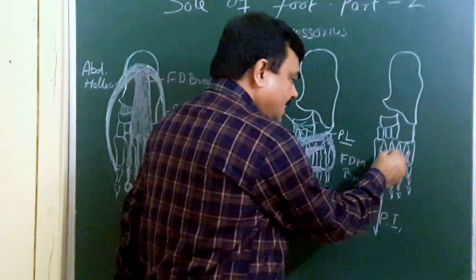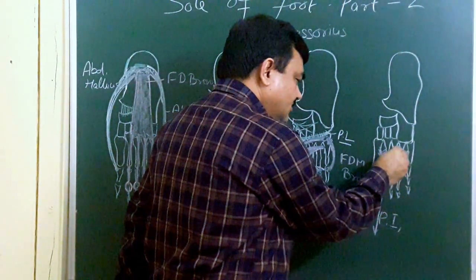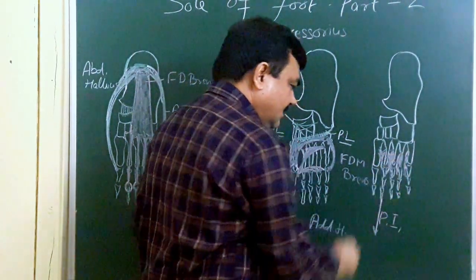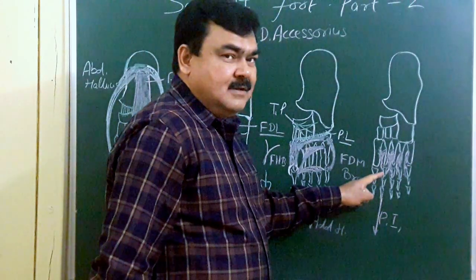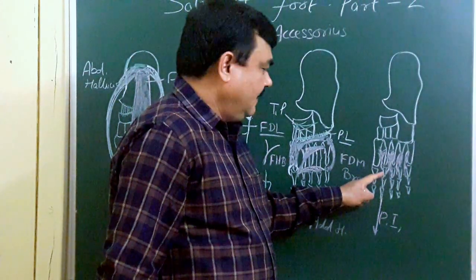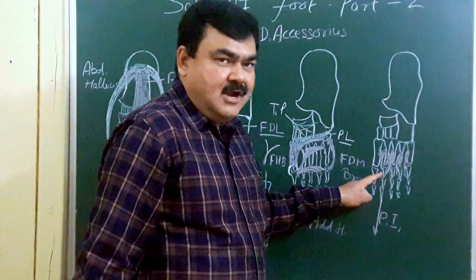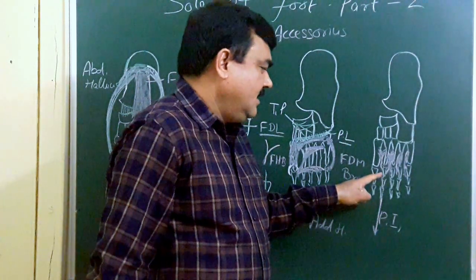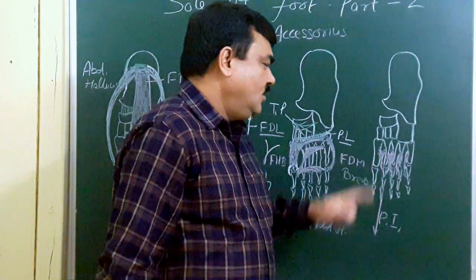This is first, and another is second. It takes origin from the adjacent sides and is inserted on the proximal phalanx of the second toe. So both the first and second dorsal interossei are inserted on the medial and lateral side of the proximal phalanx of the second toe.